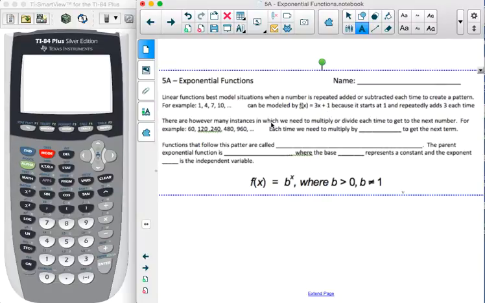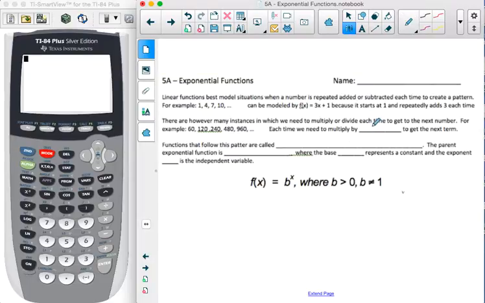And now we're going to look at examples where we multiply or divide. So here in our example that we started with, each time we multiply or divide by 2 to get the next term, specifically we're multiplying by 2 to get this next term. And patterns, functions that follow this kind of pattern are called exponential functions.